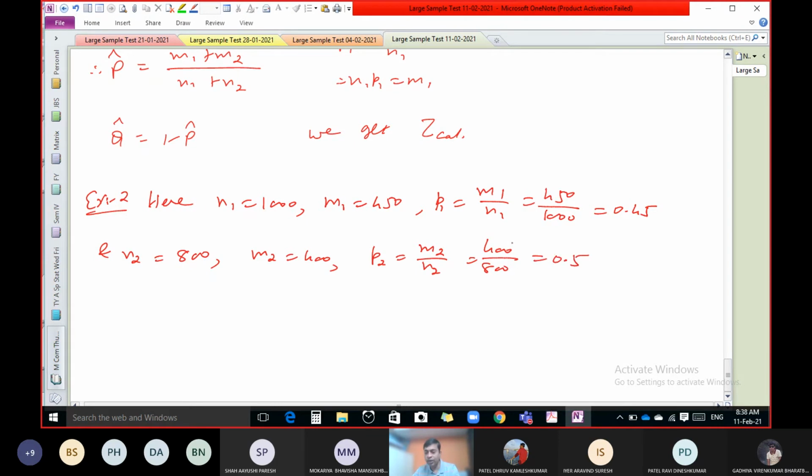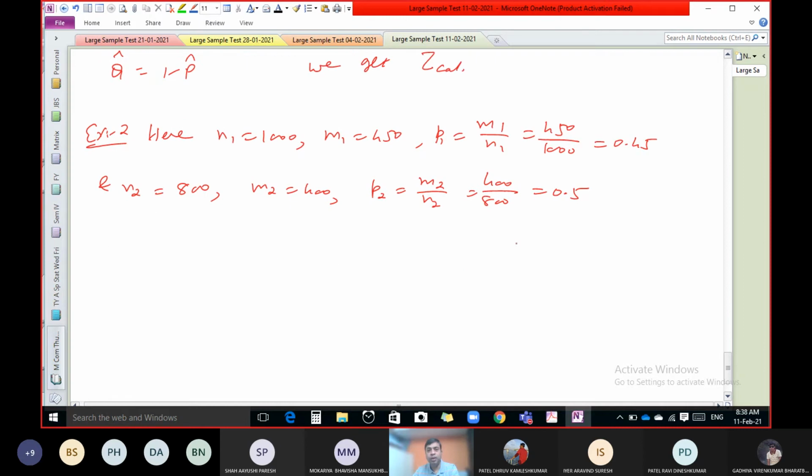Now we know the value of P1 and P2. Capital P and capital Q are not given, so let us calculate P cap. Which formula do we have to use? Because M1 and M2 are available, use this simple formula: M1 plus M2, that is 450 plus 400, upon 1000 plus 800.